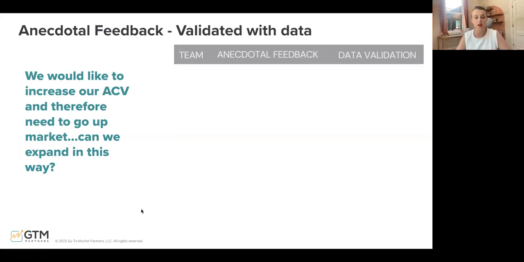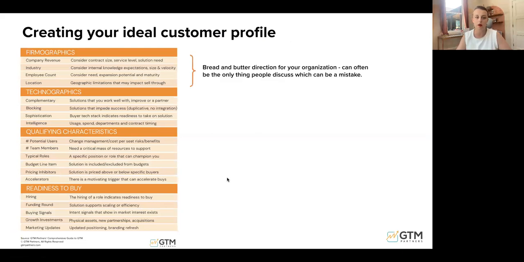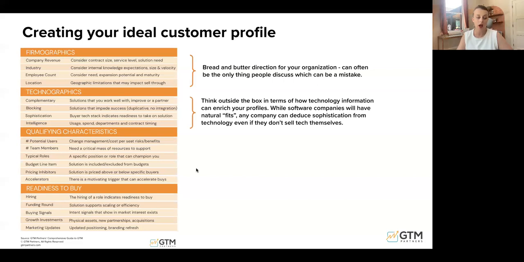So all of this together allows us to build a customer profile that's not just based on the bread and butter firmographic, the right revenue numbers, the right industry, the right number of employees, or the right physical location, but it also allows us to lean into other aspects like technographics, where we could be looking at complementary solutions or a level of sophistication, or we could be talking about qualifying characteristics.